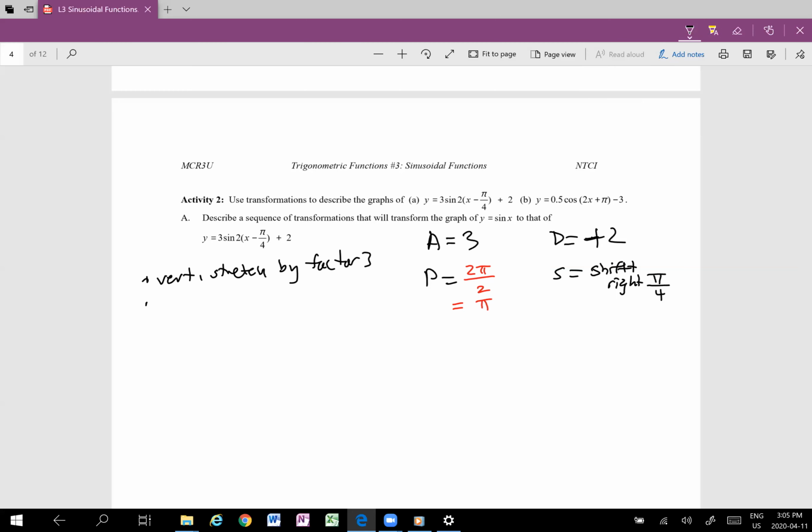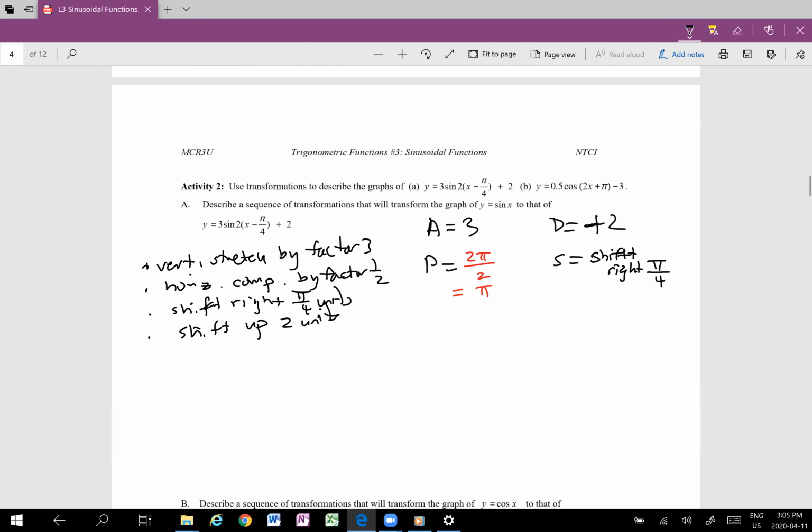It's going to have a horizontal compression by a factor of a half. It's going to shift right pi over 4 units. And it's going to shift up 2 units.